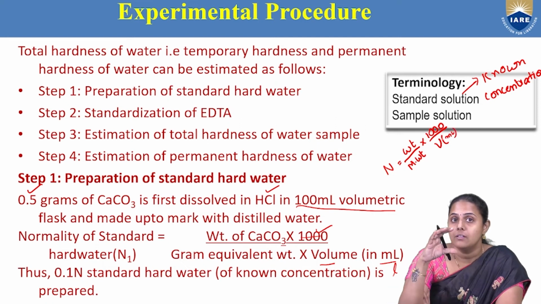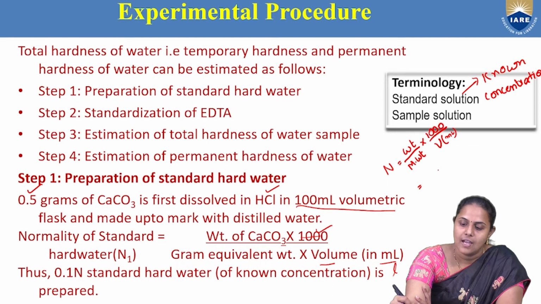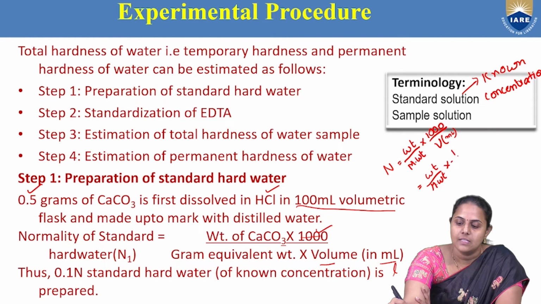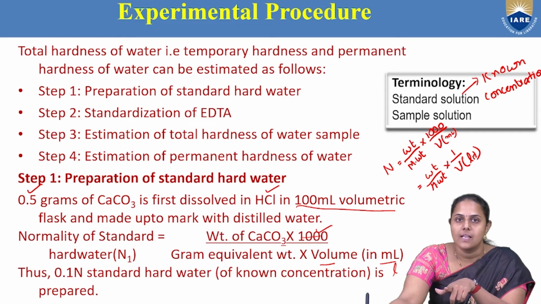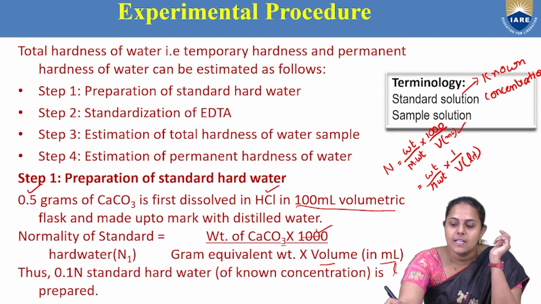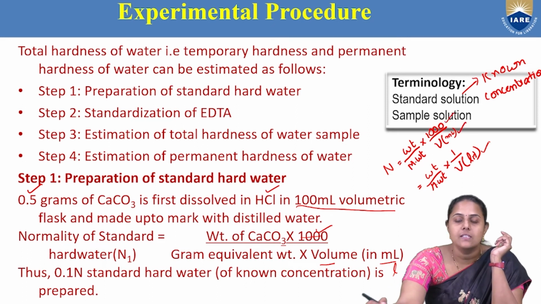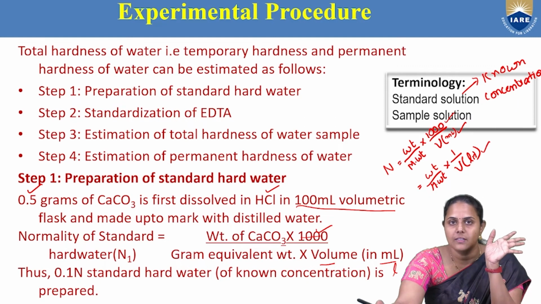If a ml volumetric flask is used, then we have to include 1000. If I take 1 liter or 2 liters, that means volume in liters. These are the two important formulas. If volume is considered in ml, then we have to include 1000. If the volume is considered in liters, no need to include 1000.